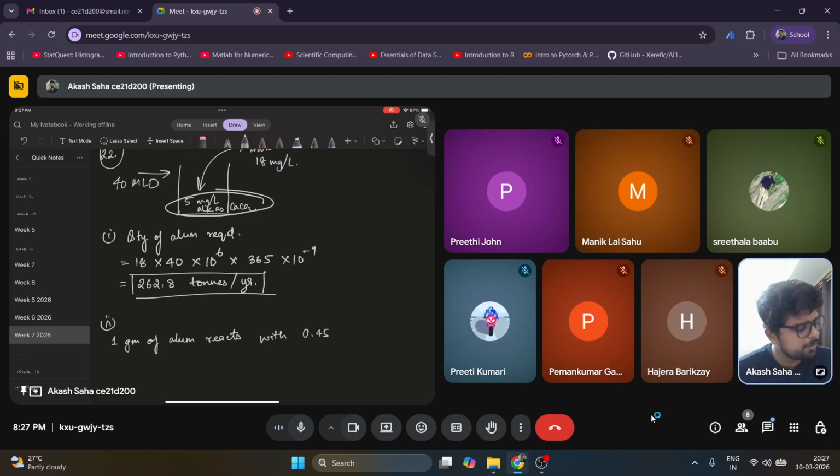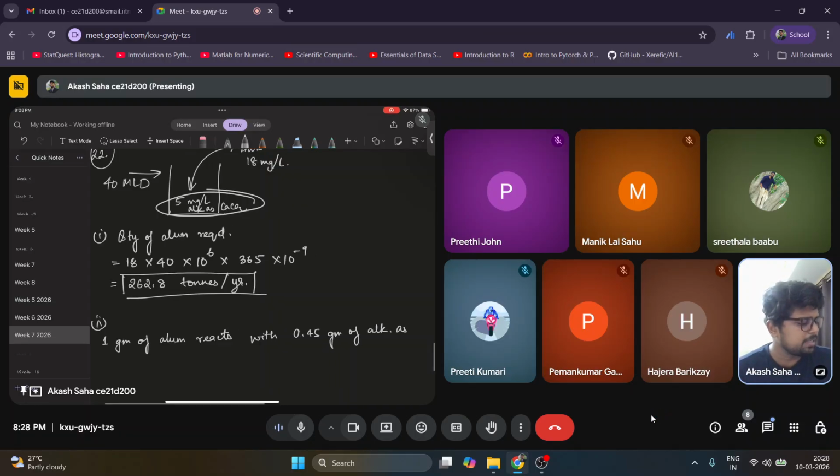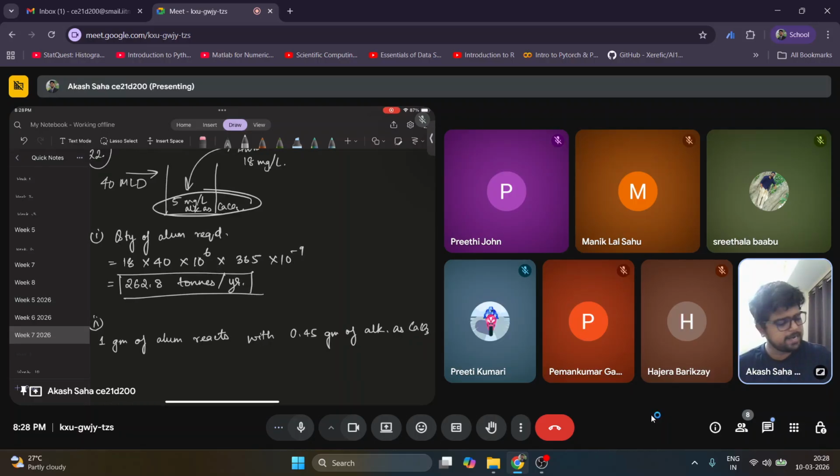It is 0.45 gram of alkalinity as CaCO3. Always remember it is as CaCO3. So for 18 milligram per liter of alum, it will react with 18 into 0.45, or 8.1 milligram per liter of alkalinity as CaCO3.